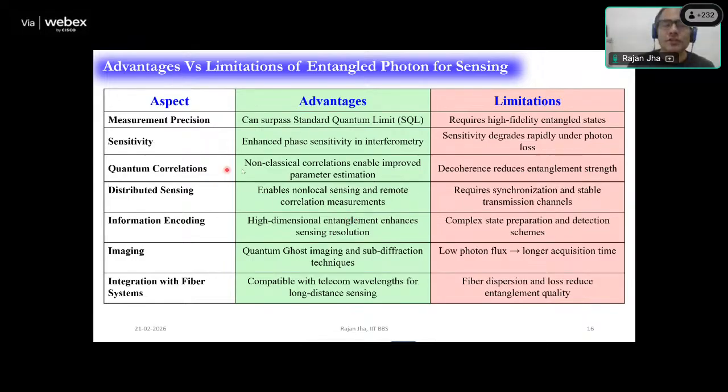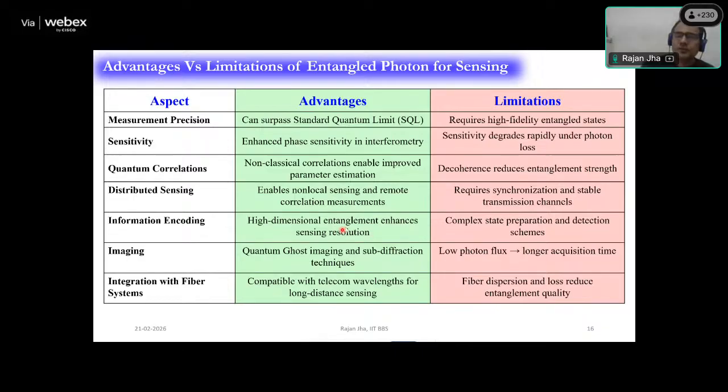Quantum correlations, the non-classical correlations, enable improved parameter estimation, but here decoherence reduces the quantum entanglement strength. So you always have to ensure that you beat the decoherence. Somehow or other, the system should not have a decoherence aspect associated with it, otherwise the entanglement will get reduced. These can be utilized for remote correlation measurement, but then they require stable transmission channels, which is difficult.